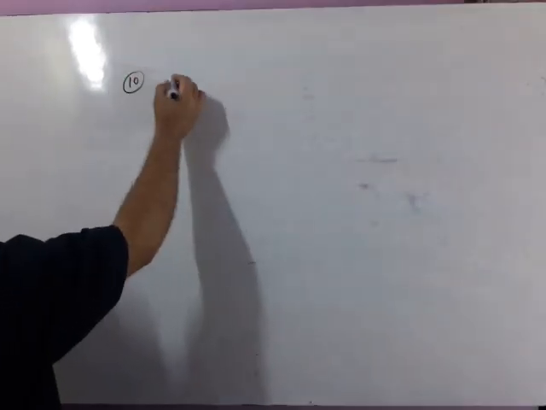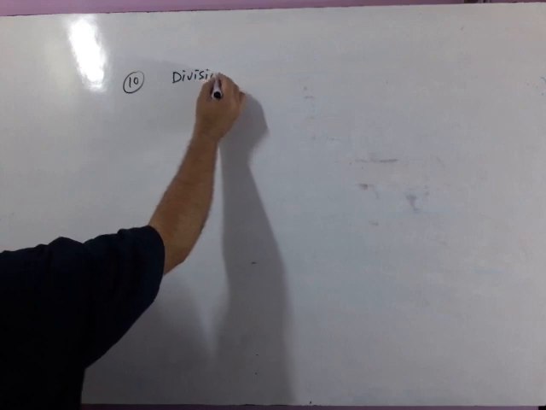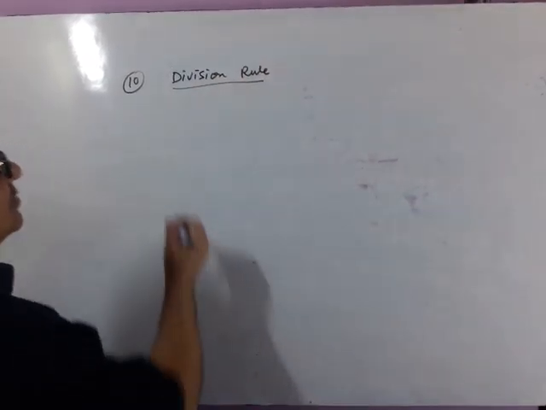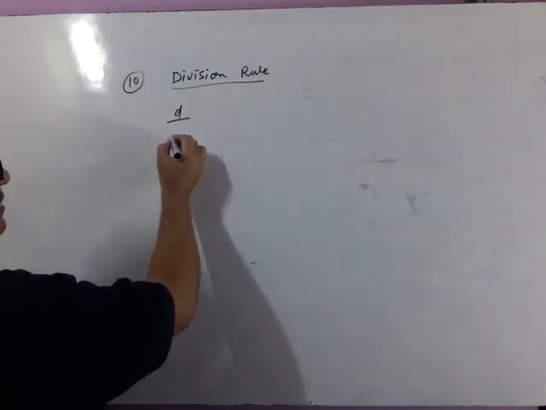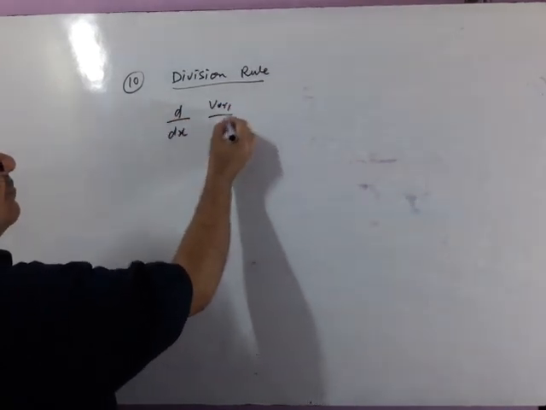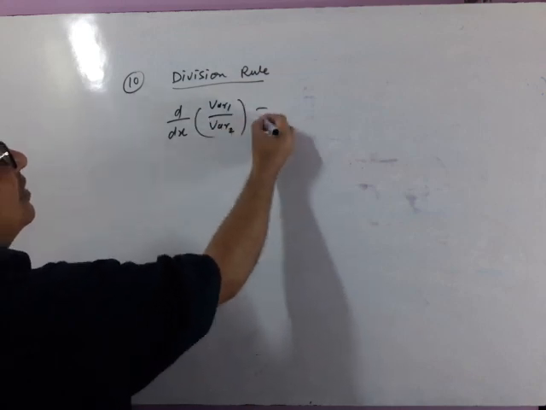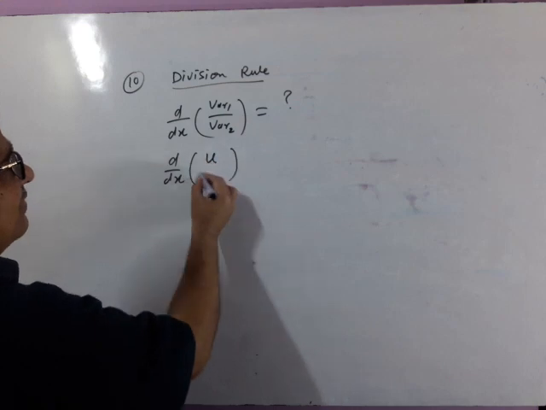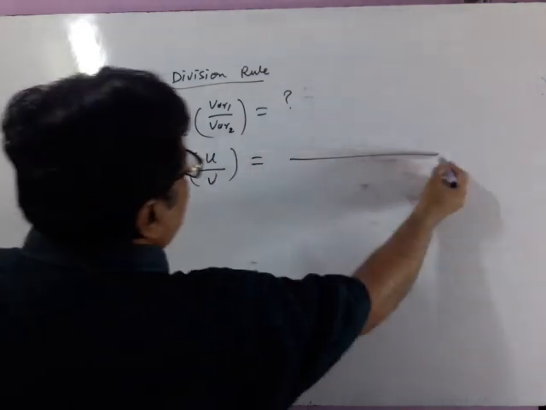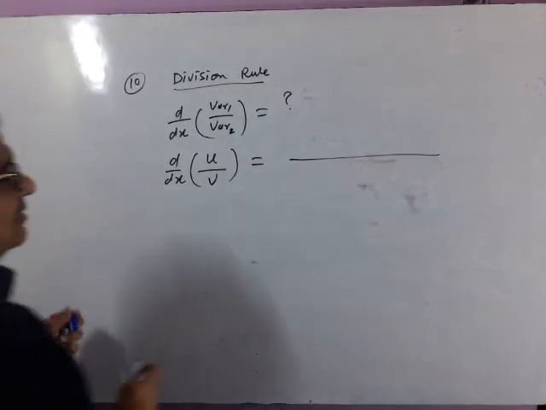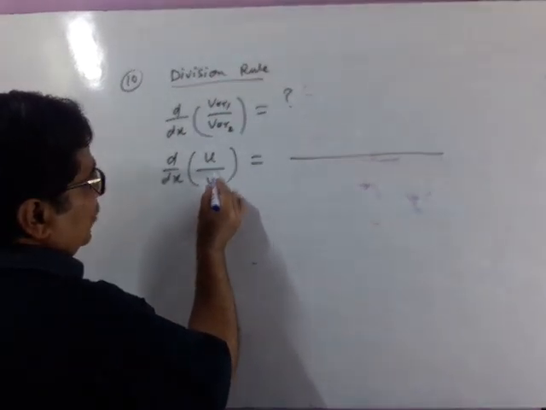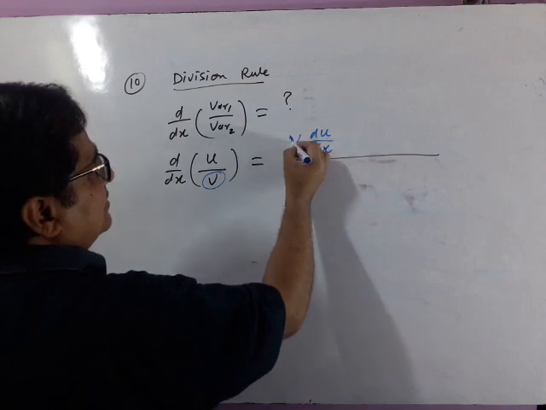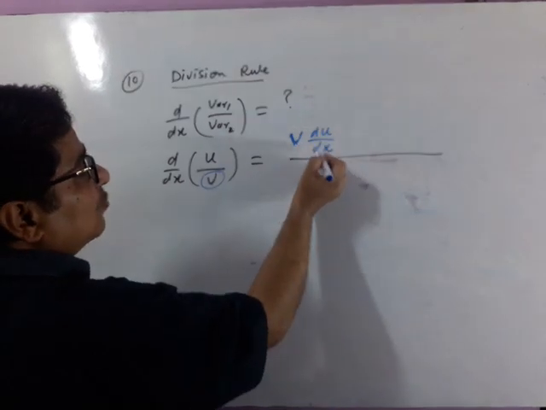Now see, 10th, division rule. It is not widely used in physics, but listen to it once. Differentiation of variable 1 upon variable 2. How to solve it? Variable 1 considered as u and variable 2 considered as v. The trick I am telling you, remember this. We start from the denominator: v du/dx.